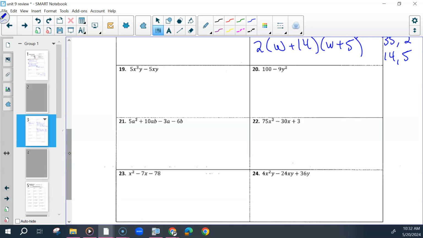So 20, how could we start to factor that? Difference of squares. It doesn't have a GCF. What would those two factors be? 10 minus 3y, 10 plus 3y.